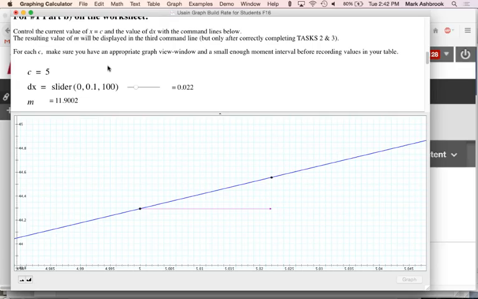So we're going to plot those correspondence points down here, and now what are we doing? We're building what's called a rate of change function, where the dependent variable is no longer distance, but rate of change of distance. See? So we're building a new function out of the original one. We've got this distance function. By finding all these rates of change, we're building a rate of change function. The dependent variable now is rate of change.